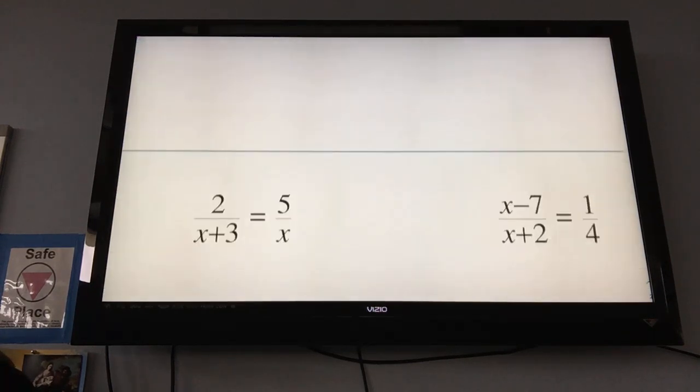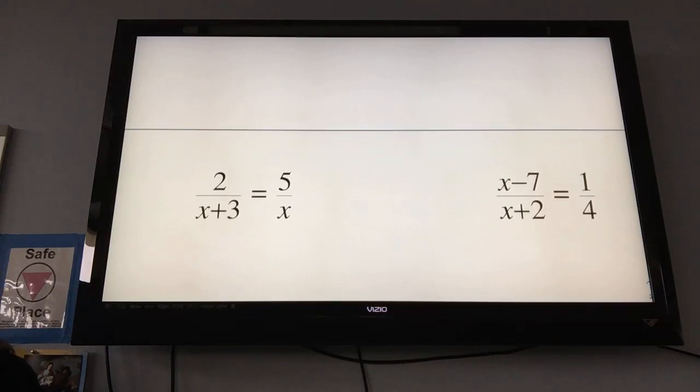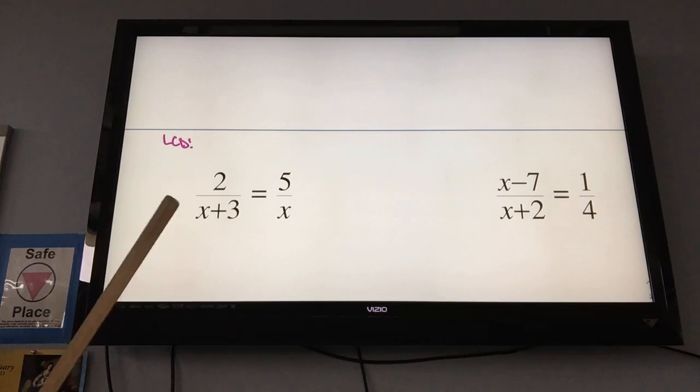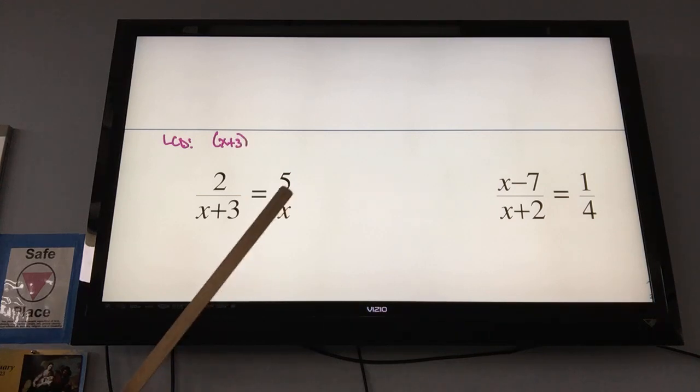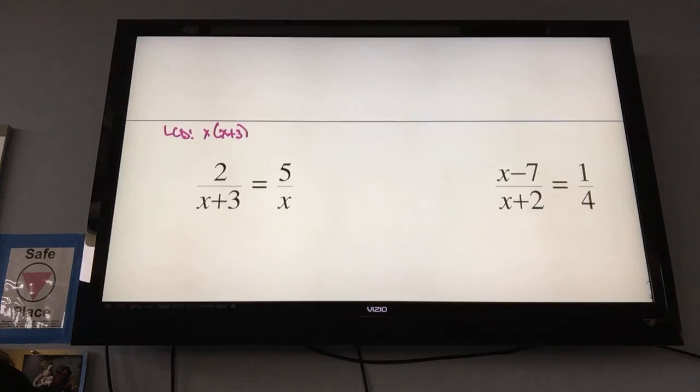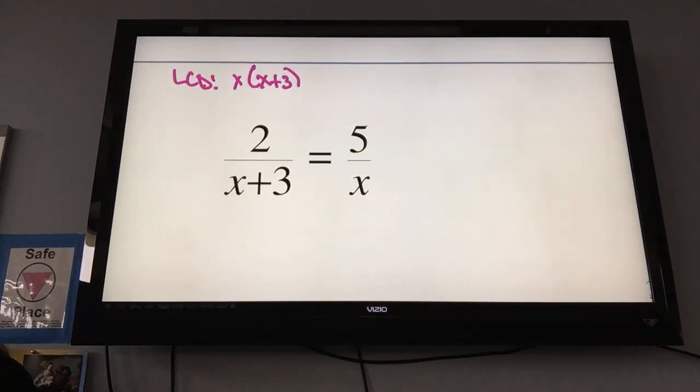All right, next example. Forming my LCD. Again, starting on the left side, I need an x plus 3. And I need, jumping to the second fraction, that plain x. So my LCD being x times the quantity x plus 3.